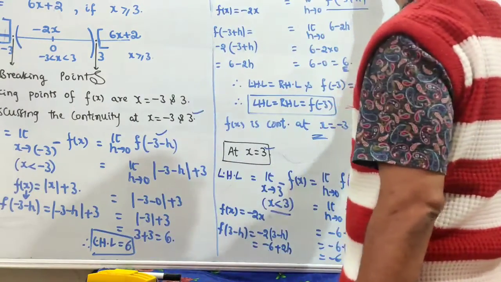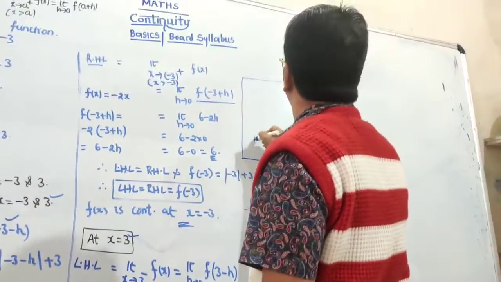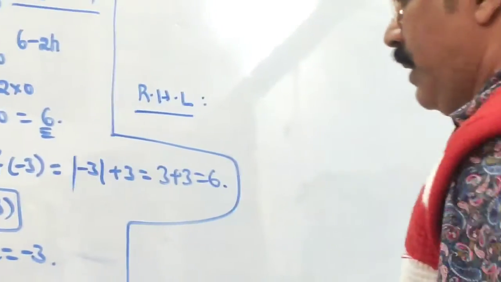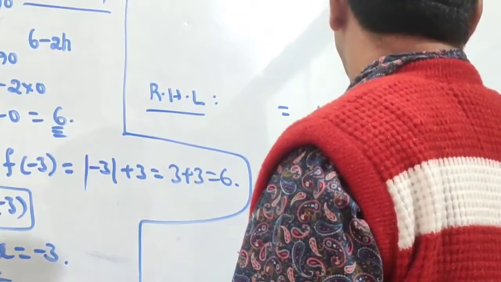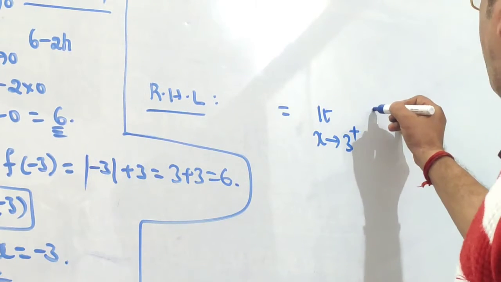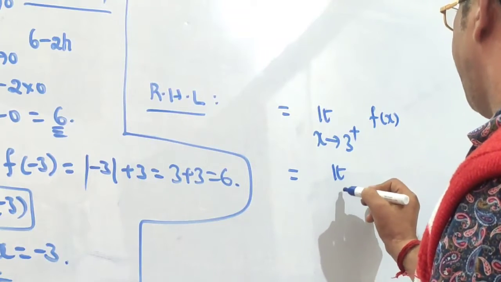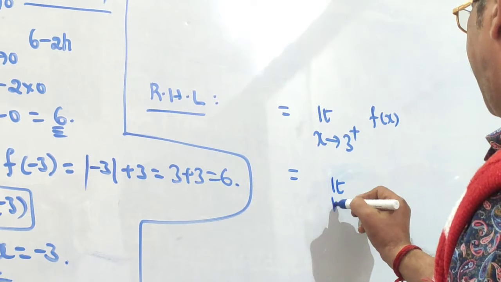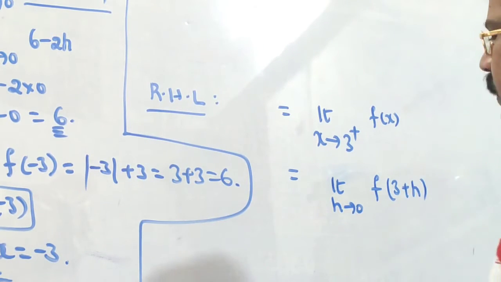Next, at the same point, we are going to find the right hand limit. Notation: limit x tends to 3 plus f of x, that is equal to limit h tends to 0 f of 3 plus h.